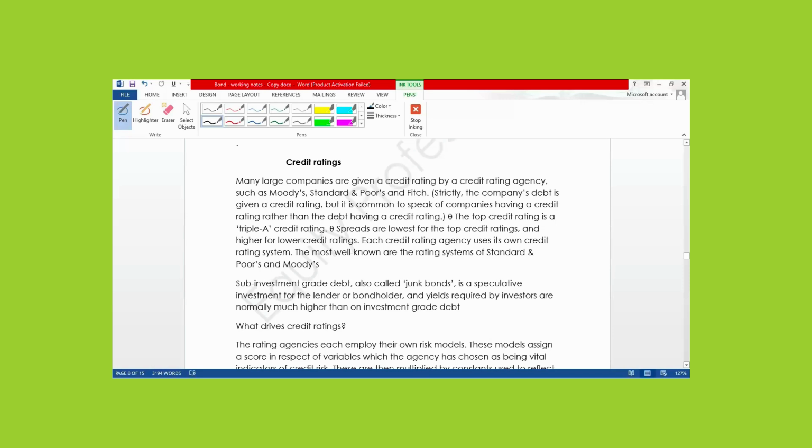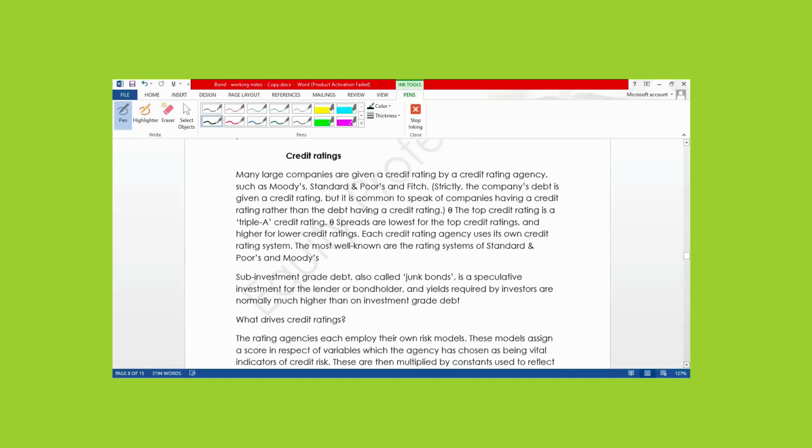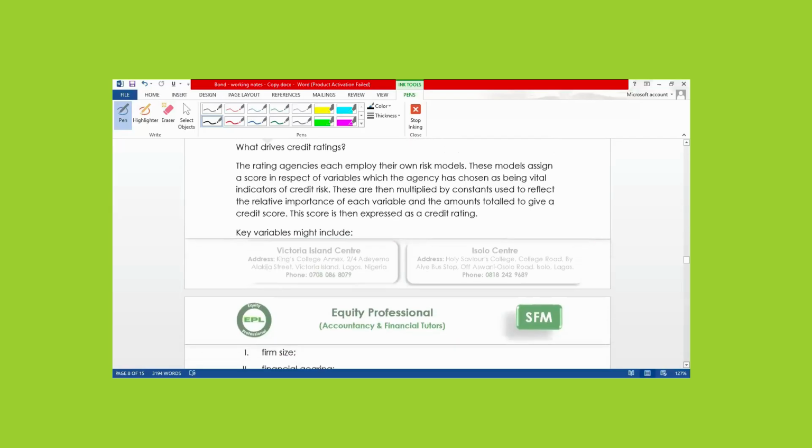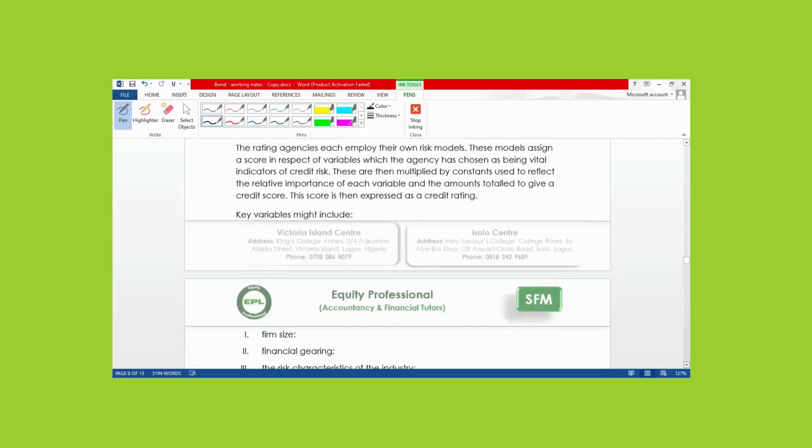Your credit rating will have impact on your cost of borrowing. What are the factors that influence credit rating?